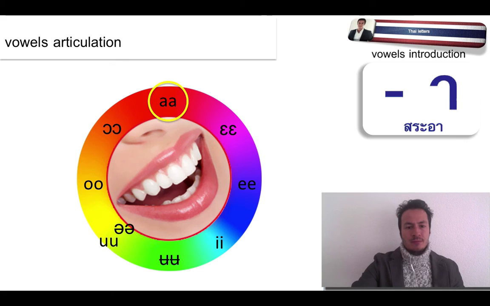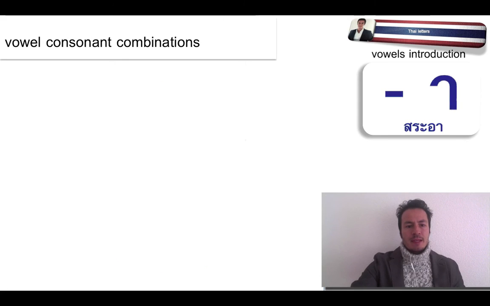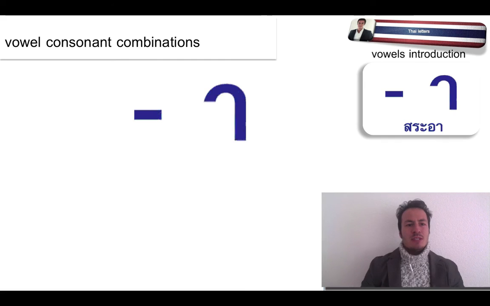Okay, now vowel consonant combinations. If you have a vowel and want to combine it with a consonant, you can do that by just replacing the stress mark with any consonant you wish to.